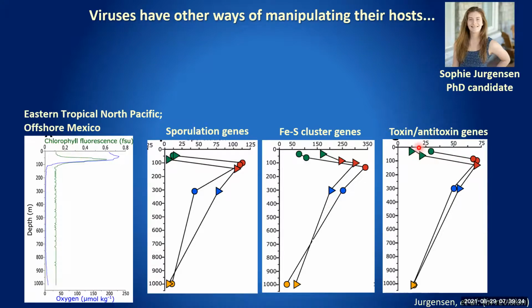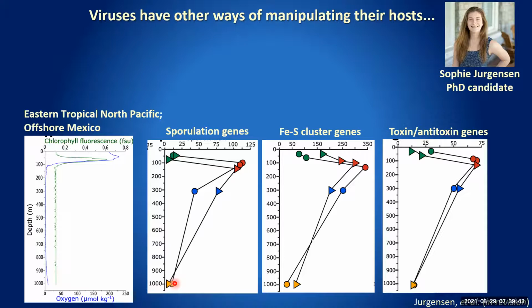They're low in the upper ocean. They have their peak concentration around the base of the oxycline, right here where oxygen is going to 0. Second highest abundance within the oxygen minimum zone core, and the lowest abundance down at 1,000 meters.